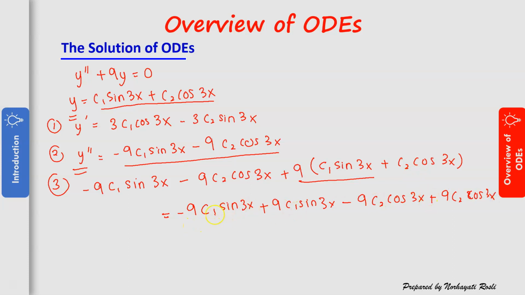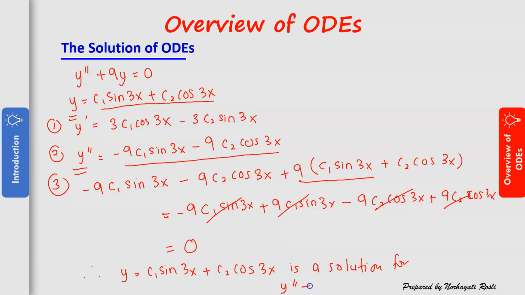You can see this becomes 0 and this cancels out and becomes 0, which means it is equal to 0. When this equals 0, it means you have shown that y double prime plus 9y equal to 0. So we can conclude that y equal to c1 sin 3x plus c2 cos 3x is a solution for y double prime plus 9y equal to 0.